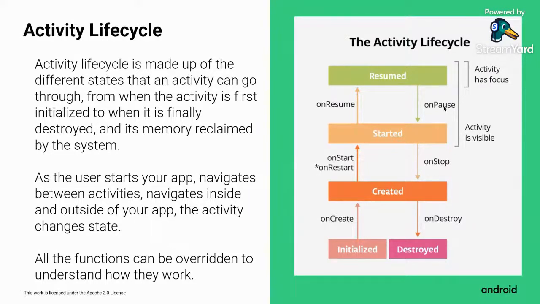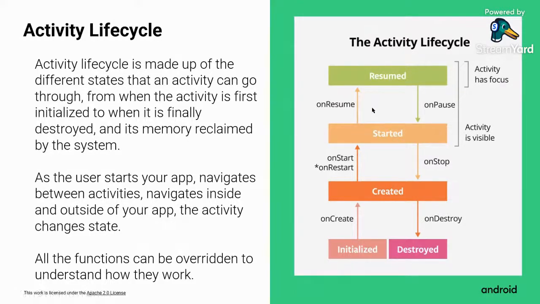When you click a button, it's not only the button being clicked, it gets propagated up through the lifecycle. So that's when you say that your activity has focus, and that's when you have another function called onResume.